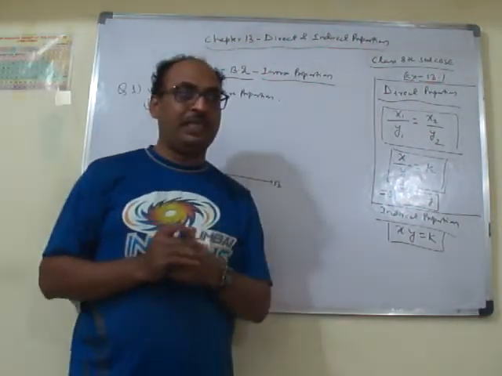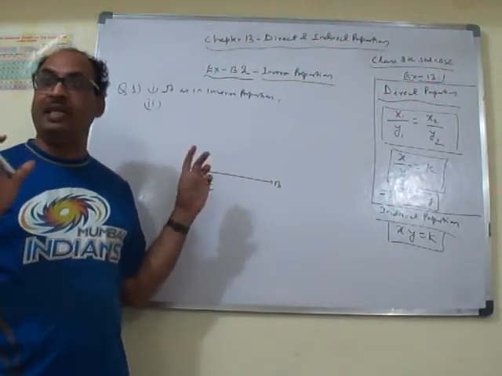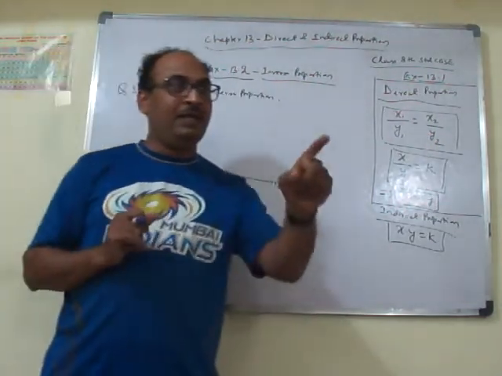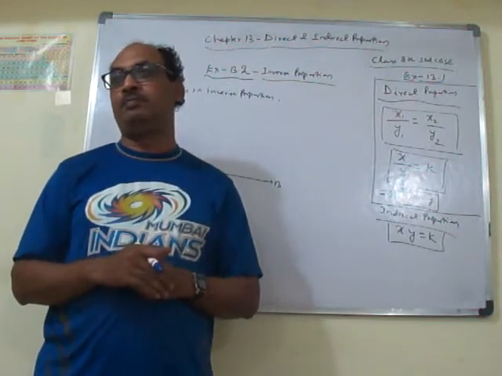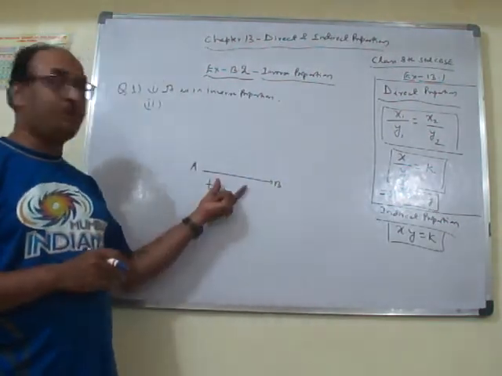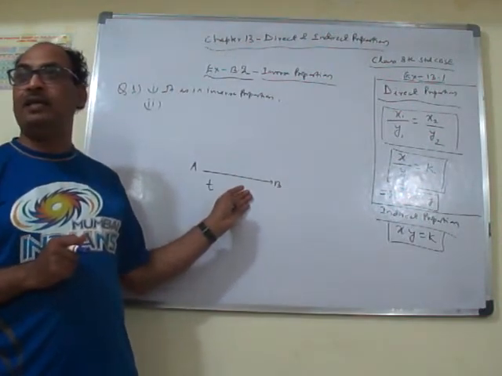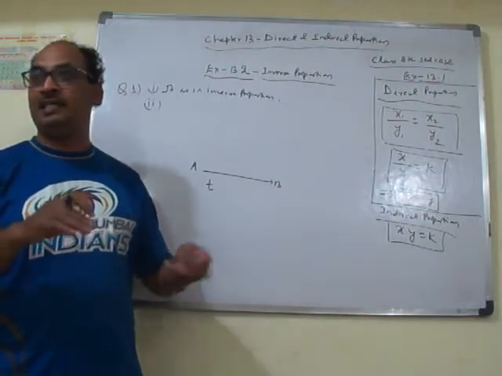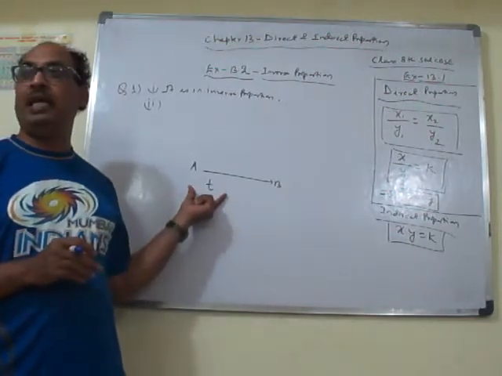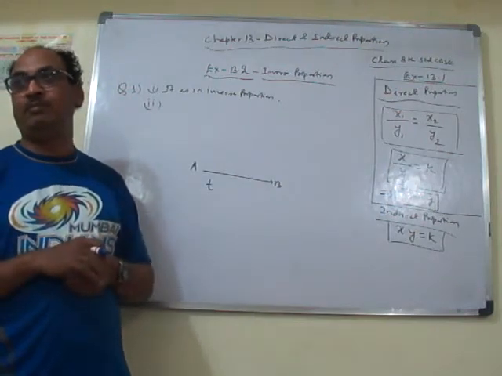The distance is not increasing or decreasing, and it is travelled at a uniform speed, so speed is also not increasing. If you are not increasing speed and not decreasing speed, then there will not be any change in time.